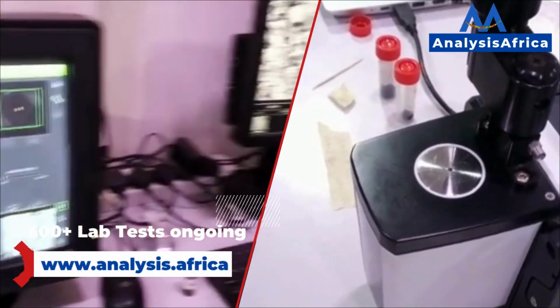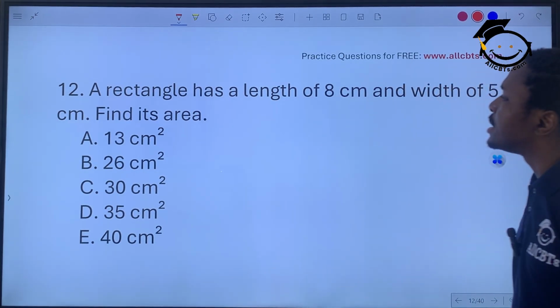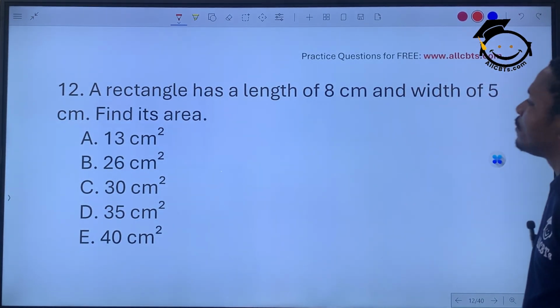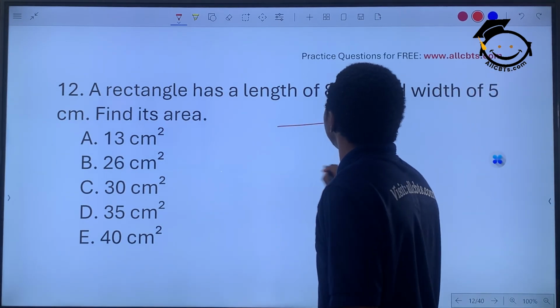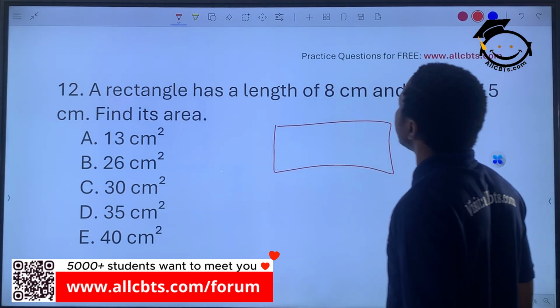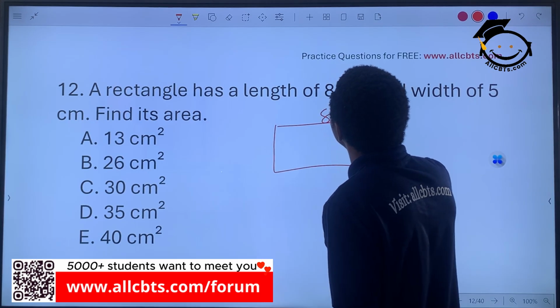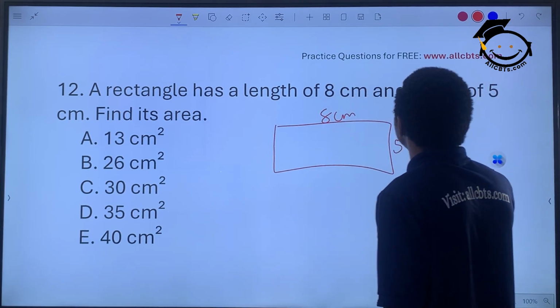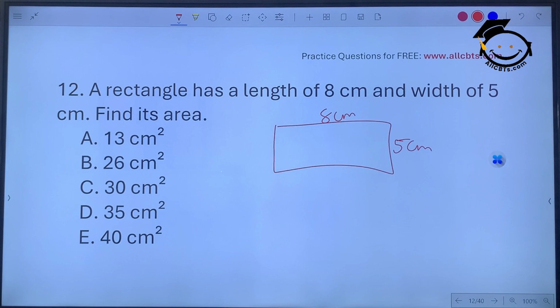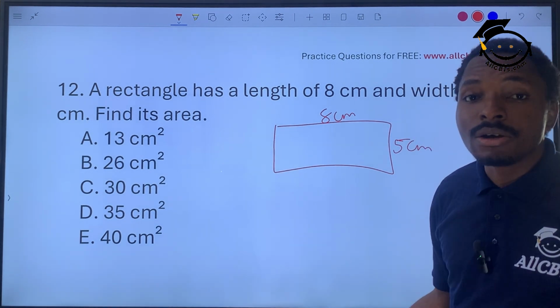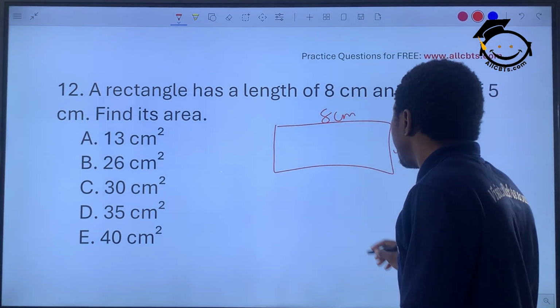A rectangle has a length of 8 cm and width of 5 cm. Find its area. What's the area of a rectangle?